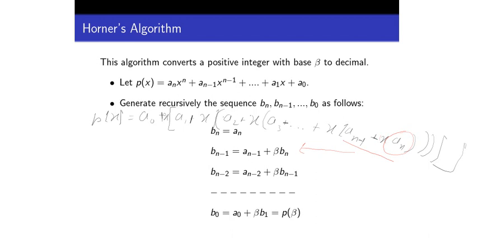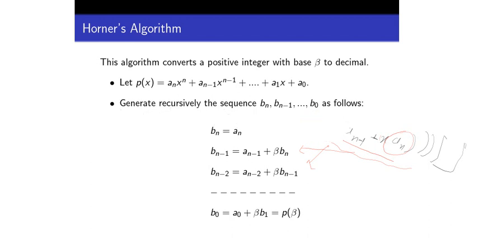Then you are taking this bn minus 1, multiplying by beta, which completes this number, and then plus an minus 2, and so on. Finally a naught plus beta times b1 gives you p of beta. So this converts a positive integer with base beta to a decimal one.